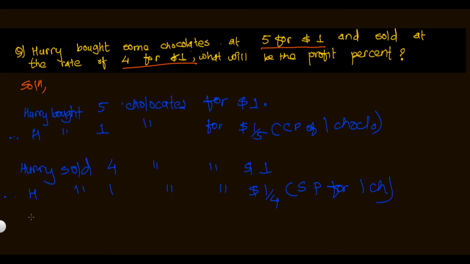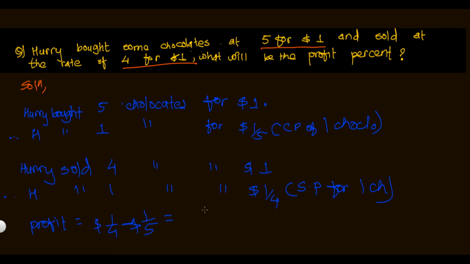Now we can get the profit. Profit happens when SP is greater than CP, or your selling price is higher than your cost price. So 1/4 minus 1/5.